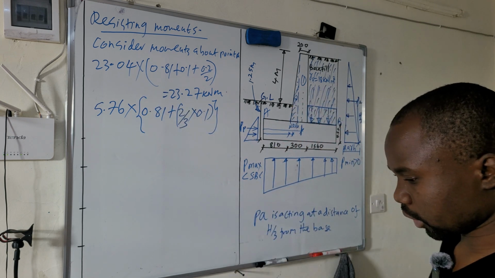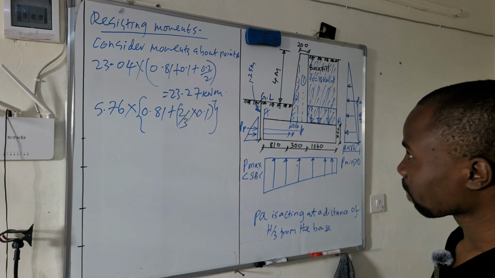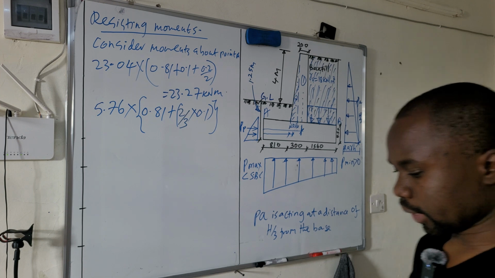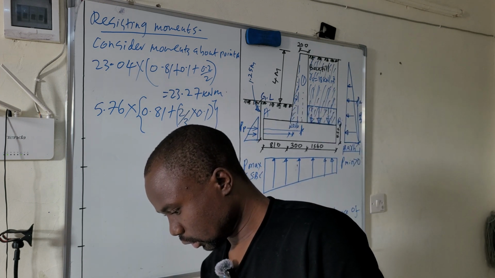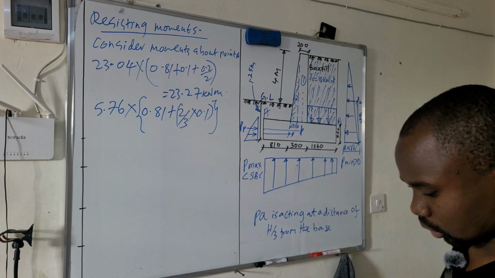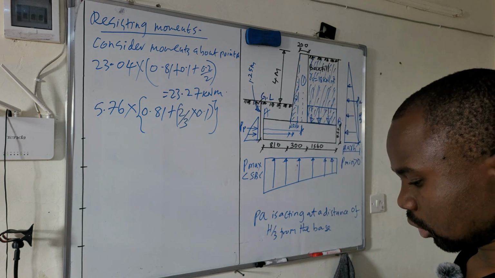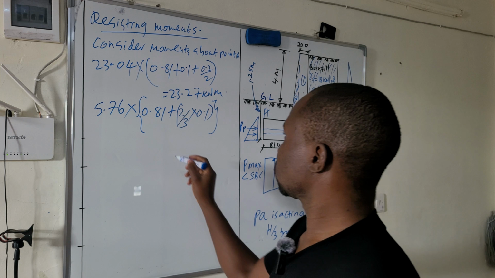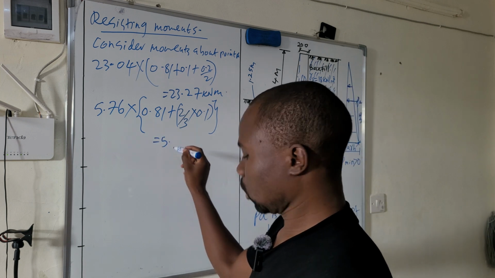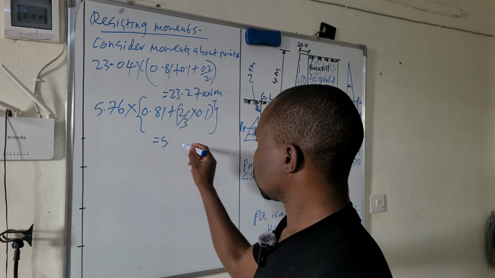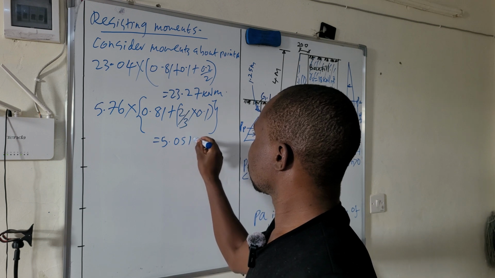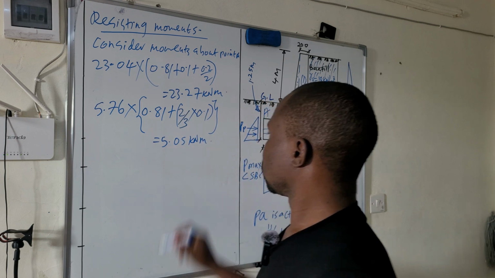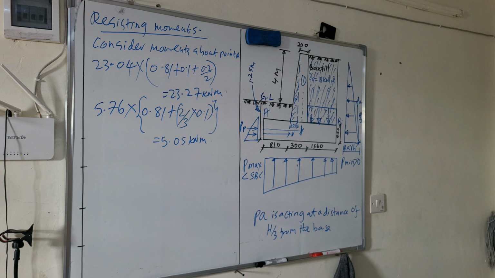If you punch your calculator, you will get 5.05 kilonewton meter.